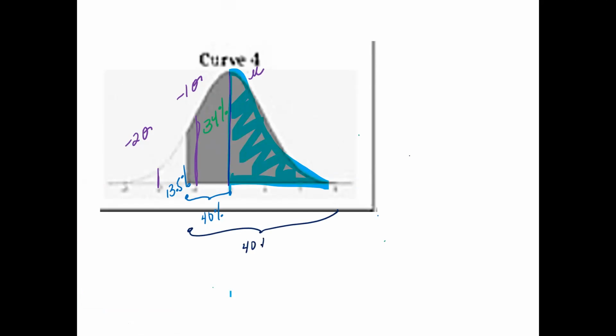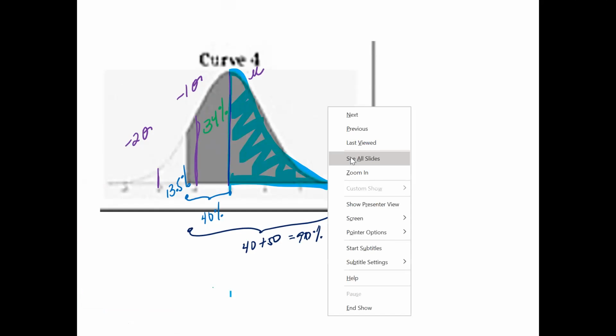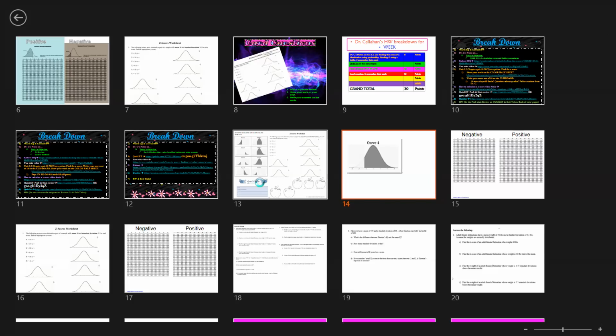And remember, if you take a look at the remaining half of this, this is going to be 50%. So if I'm estimating this entire gray shaded area, it's 40 plus 50, which is about 90% is my estimate.